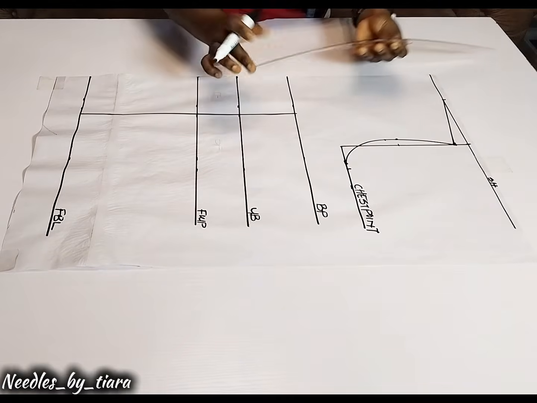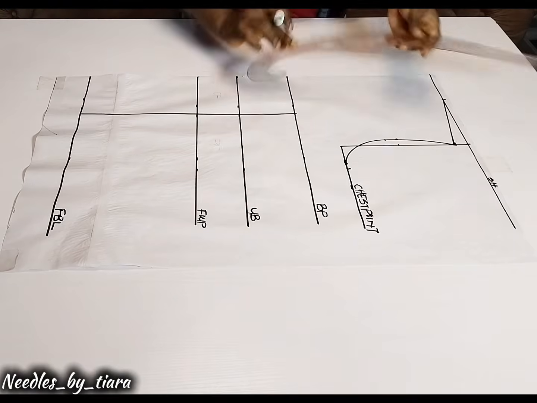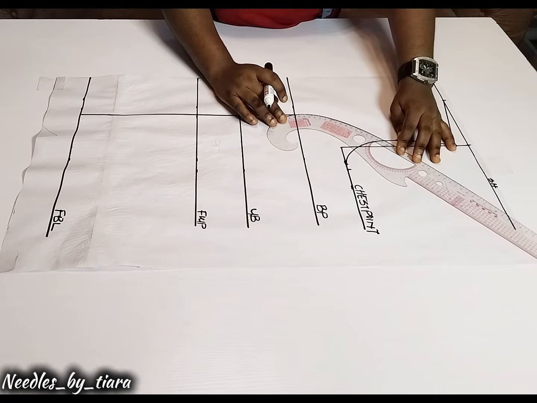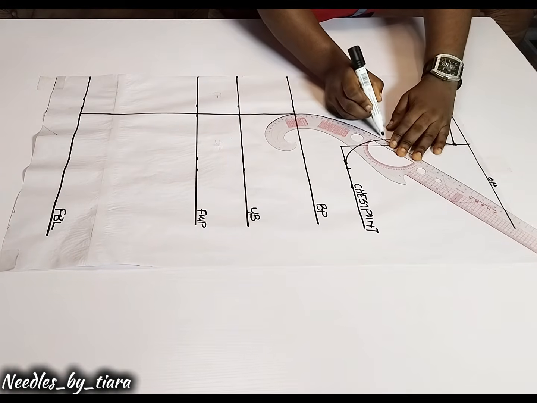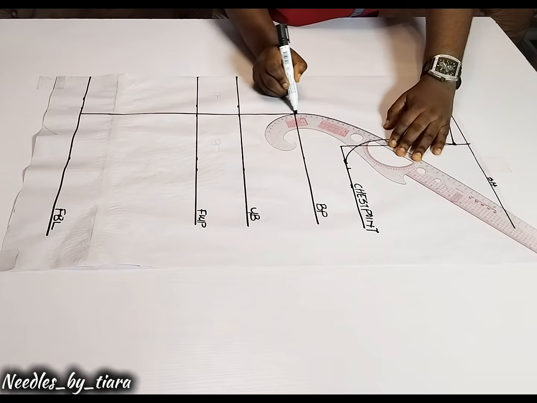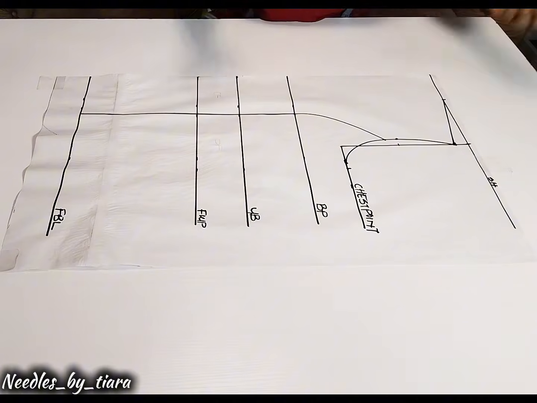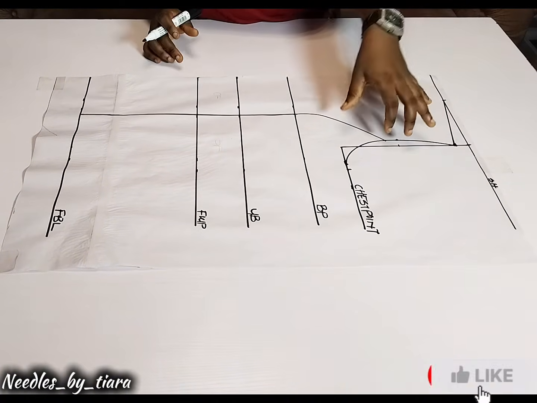So you're going to go in with your curve ruler to be precise, connecting from the midpoint of your armhole extensively down to your bust point this way. So it is very important and crucial that you must pay attention to the way my curve ruler is being placed, and do go ahead to replicate same for yours. I hope you understand. So go ahead to smoothen out that point this way.